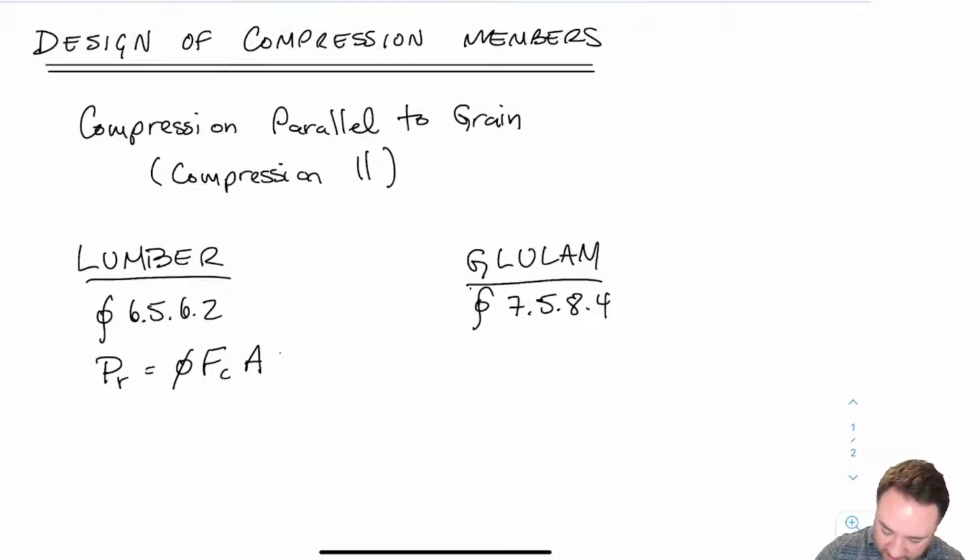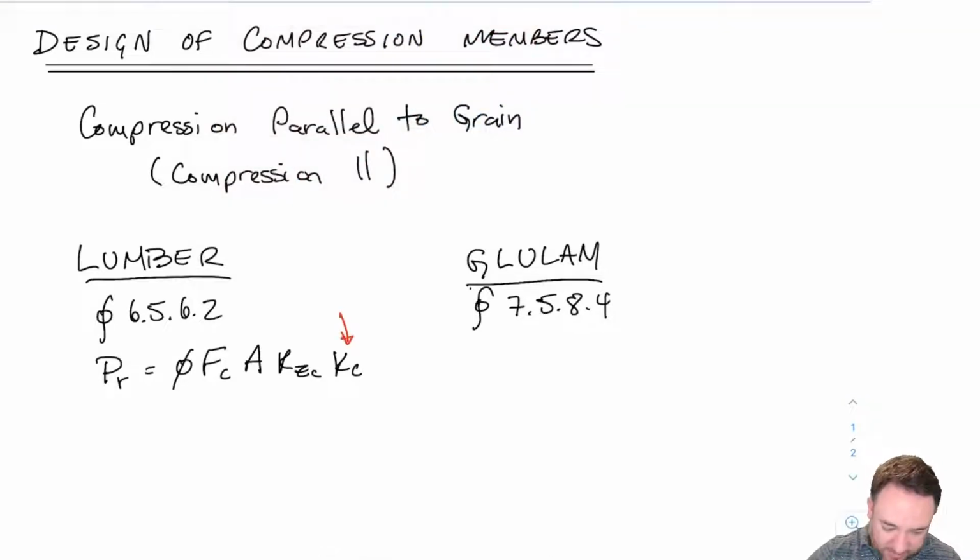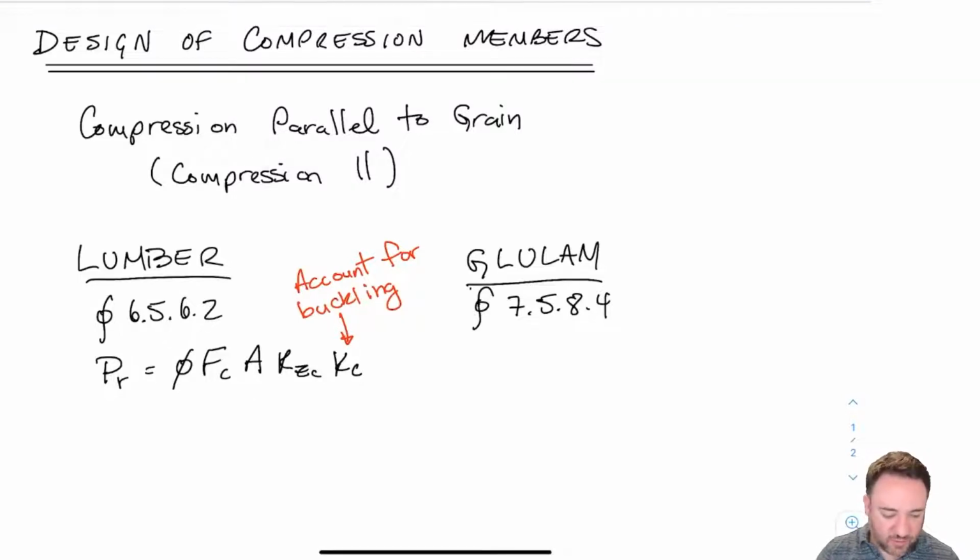Okay, then we have a Kzc, which is a size effect factor, and we have a Kc. And this Kc is the piece that is going to account for buckling. Okay, so the rest of the equation is kind of a compression crushing strength, and Kc is going to reduce that strength according to the slenderness of the element to account for the potential that it will buckle.